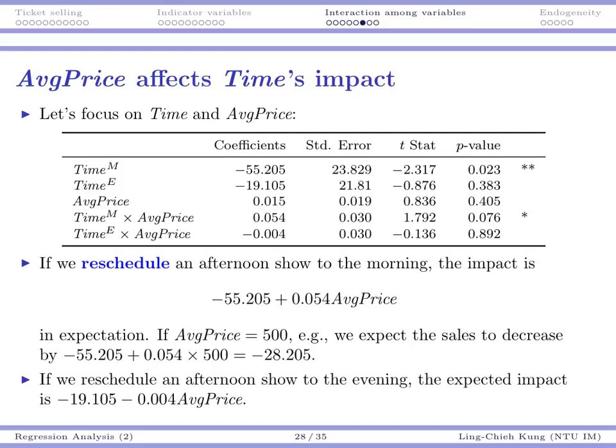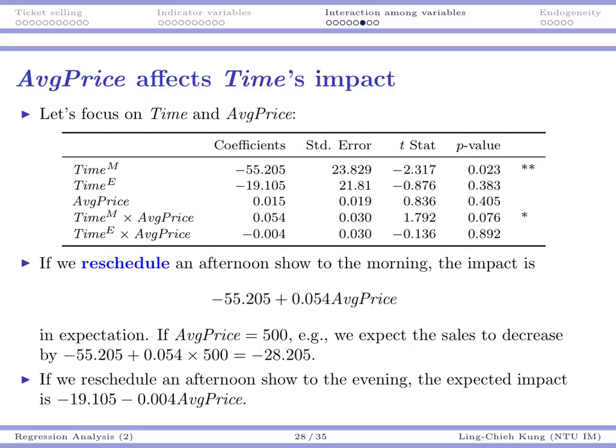So that means if we have a higher price, then we do not hurt that much when we reschedule to the morning. So for example, if the average price is 500, then we expect the sales to decrease by only this amount, only 28 instead of 55.